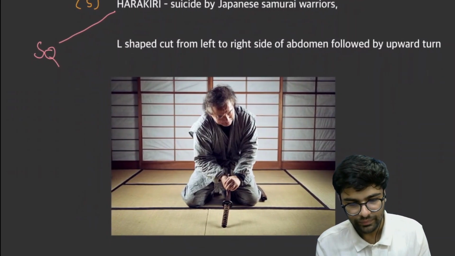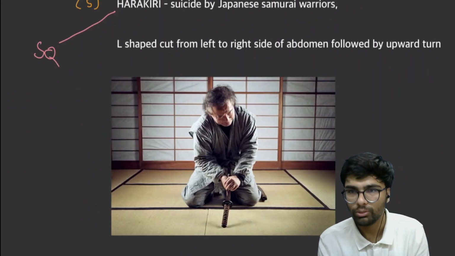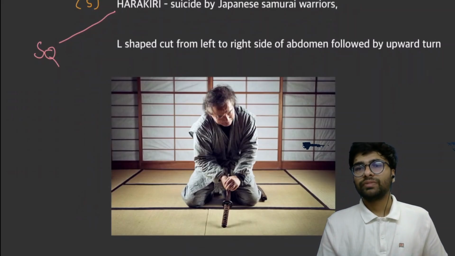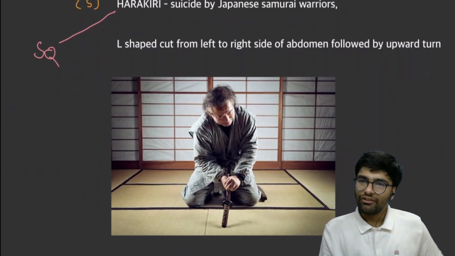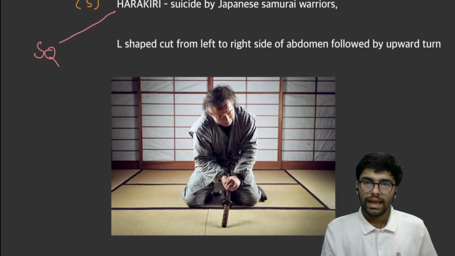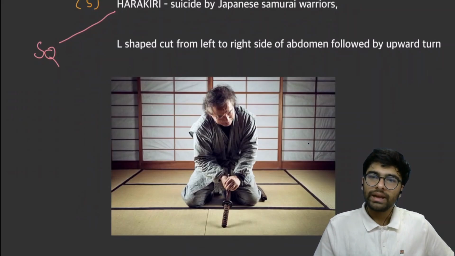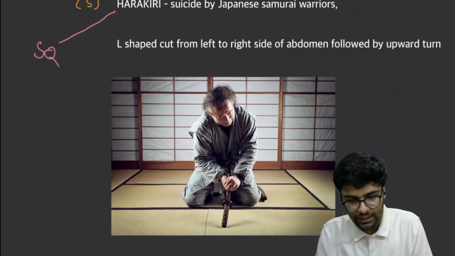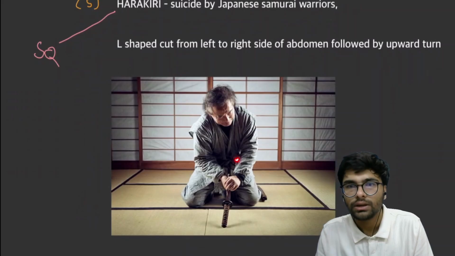So, first of all, an L-shaped cut from left to right side of the abdomen is done. What they'll do, they'll penetrate either a knife or sword to the left side of their abdomen, and then from the left side they'll cut through and bring the knife to the right side.